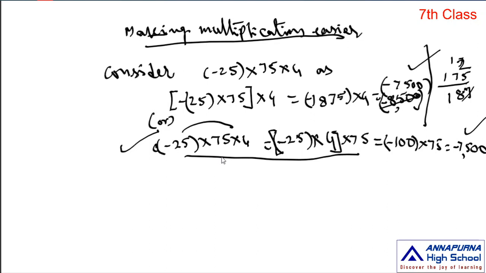This method involves commutativity and associativity of integers. When a group of integers are multiplied in any order, the product remains the same. We will get the same product.